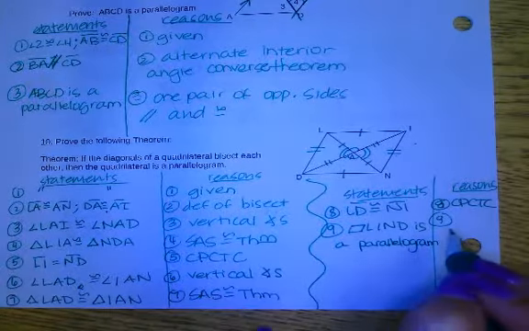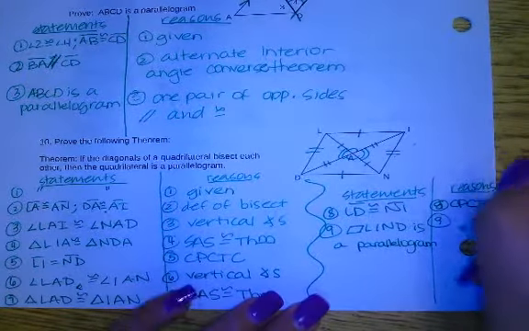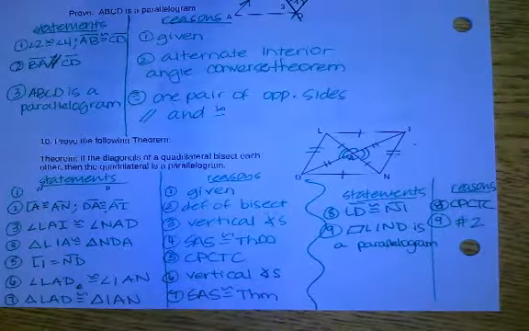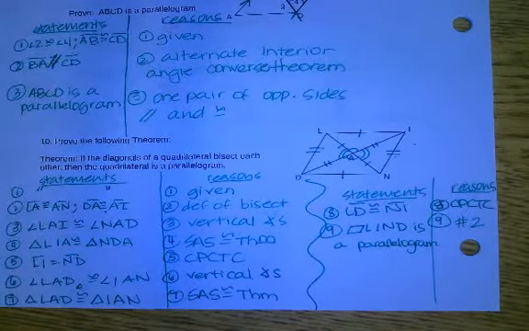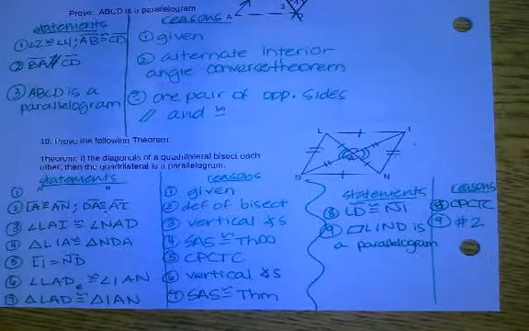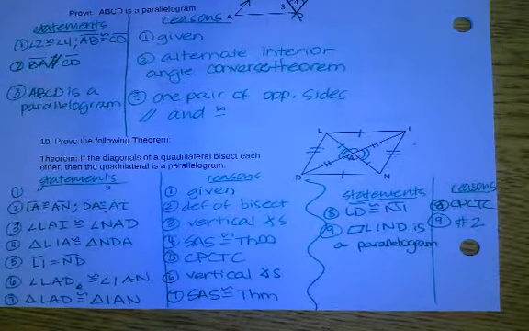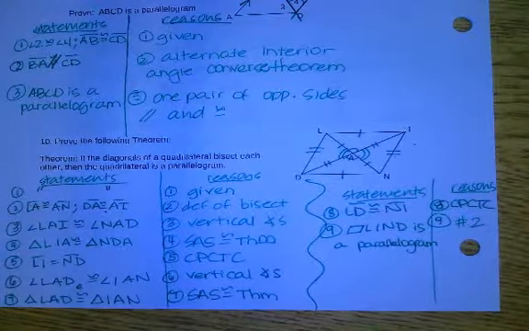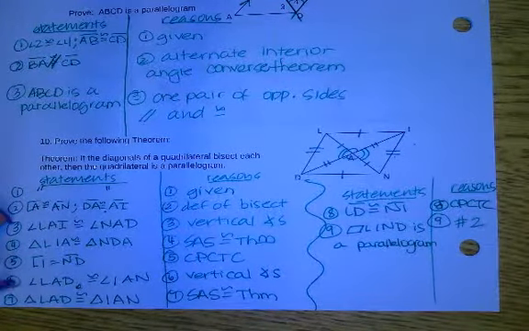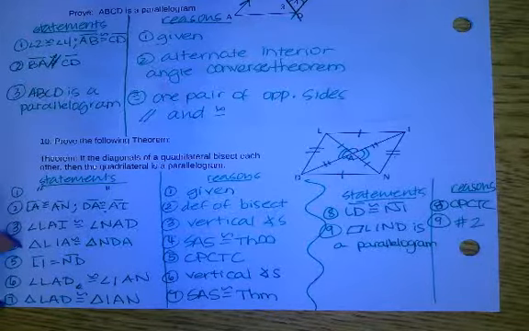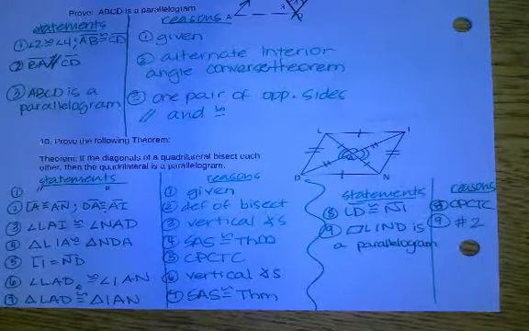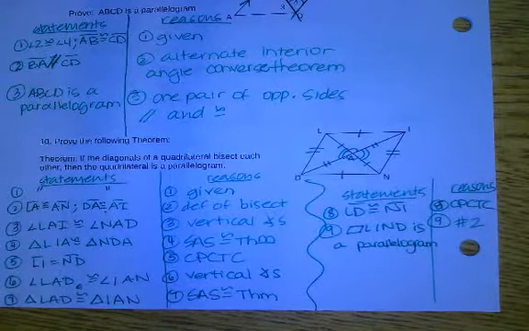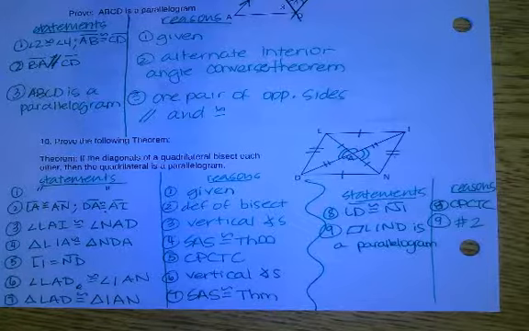I'm running out of room, so I can't write it. But number 2 on your pink sheet, because it says prove both pairs of opposite sides are congruent. Had you wanted to combine steps, you could have. With the vertical angles, you could have combined 3 and 6, and you could have combined 4 and 7, and then you could have combined 5 and 8 to make it like a 6-step proof rather than 9. But if you are somebody who needs to write out every step, that is A-okay. But for the sake of room, sometimes it's easier to consolidate.